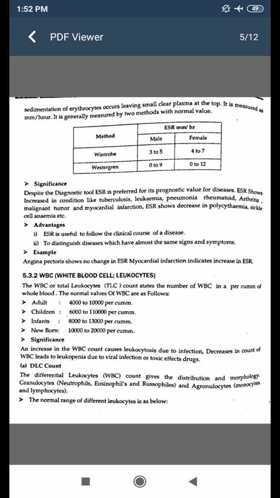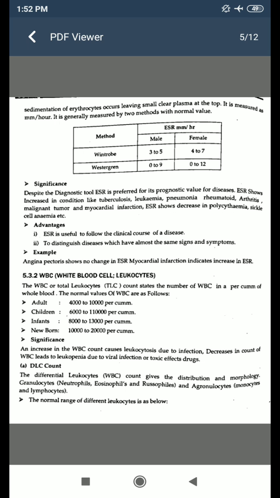The neutrophils, percent count 60 to 70% and absolute count per cumm 2,500 to 7,000. Then eosinophils 0 to 4% and absolute count per cumm is 0 to 4,000.